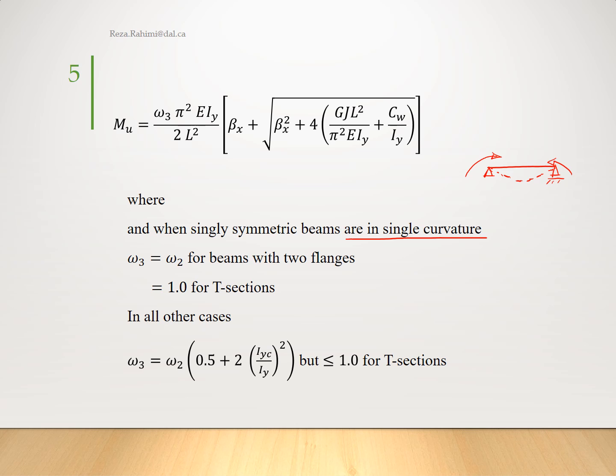So for single curvature, omega 3 is equal to omega 2 for beams with two flanges, not for T sections, and 1 for T sections. In all other cases, there is a formula to modify omega 2, as you can see here, and be careful, it should be lower than 1 for T sections.